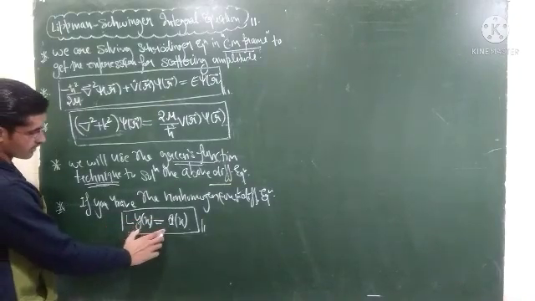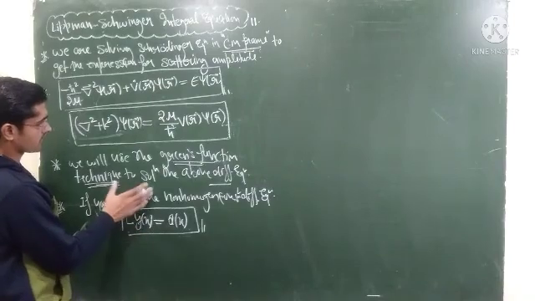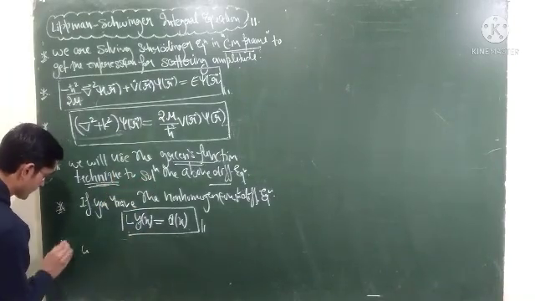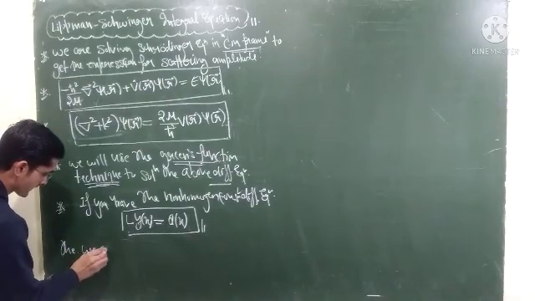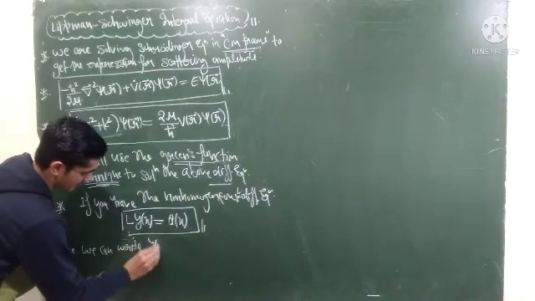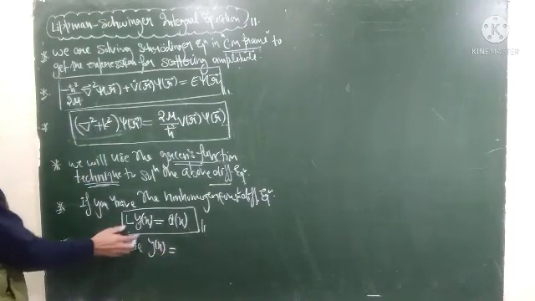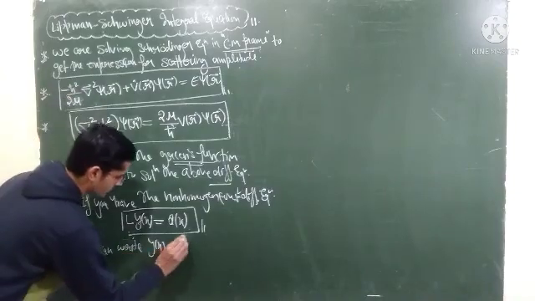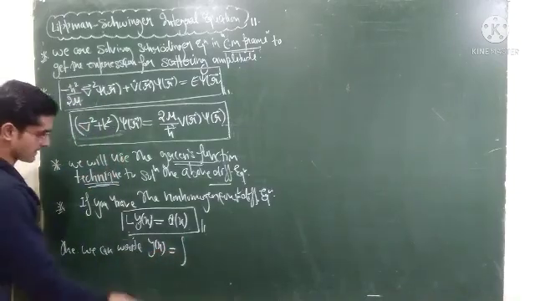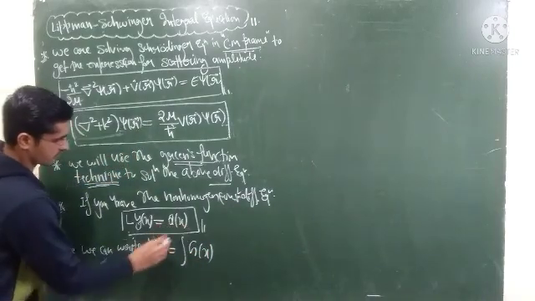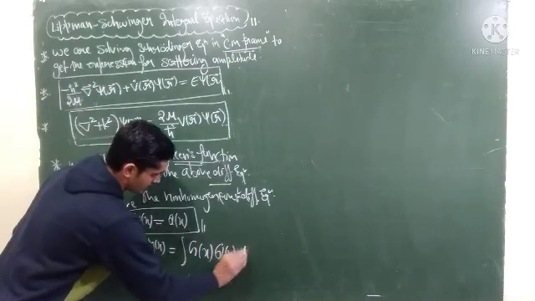So if the equation is non-homogeneous, the Green's function technique claims that we can write the solution, which is y of x, in terms of the Green's function as the integration of the Green's function times the function on the right hand side, dx.